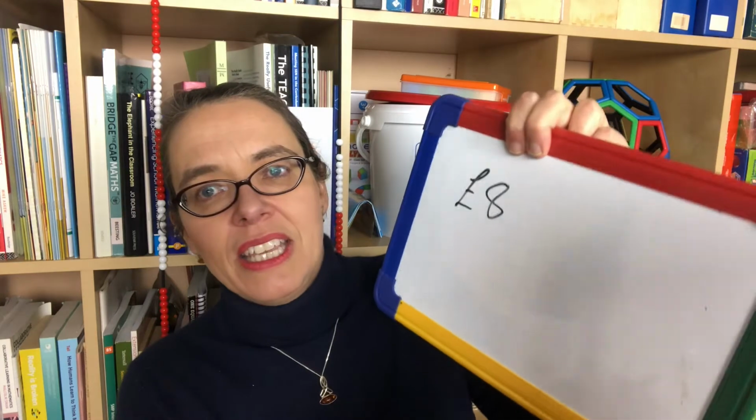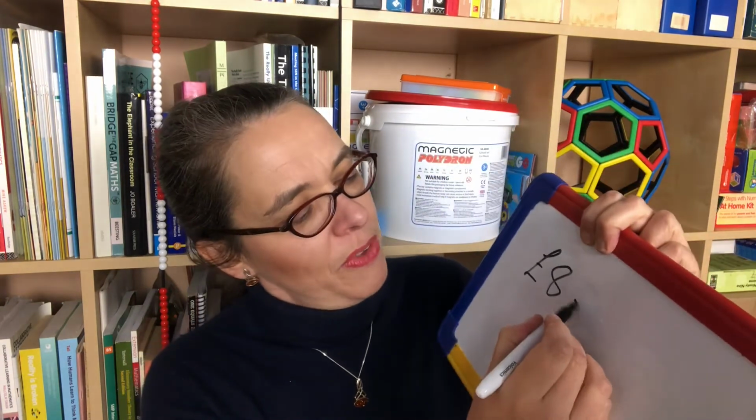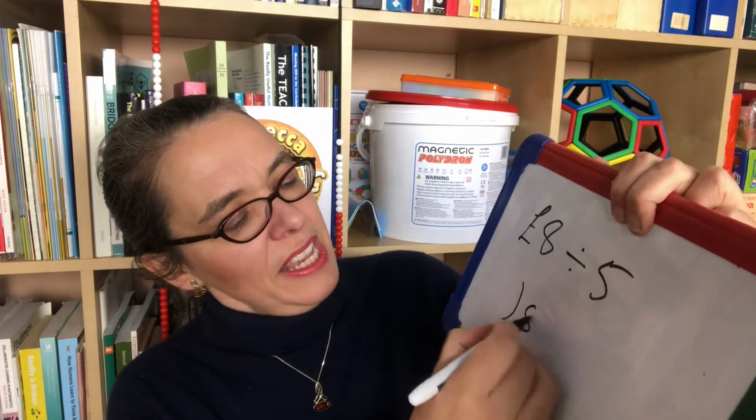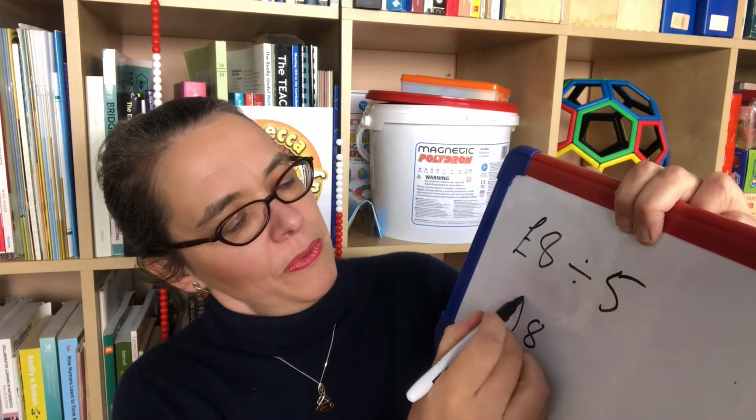Now, multiplication with money follows fairly easily. If you had 4 objects at £2.49 each, you should be able to set that up as a decimal multiplication. But division brings another problem. So say we had £8 and we were dividing it equally between 5 people. We would naturally set that up as 8 divided by 5.